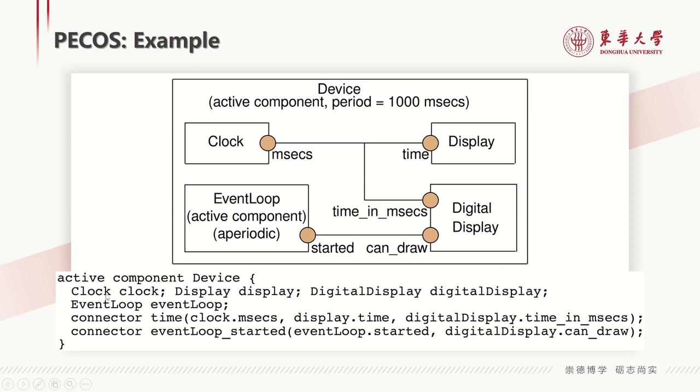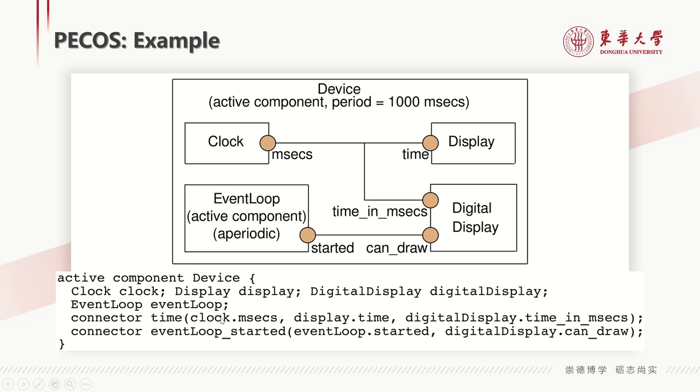Also, we're using active component device. This is the system, and inside it we connect all the components. First, we declare all the components: clock, display, digital display, event loop. Then we use connectors to connect them.